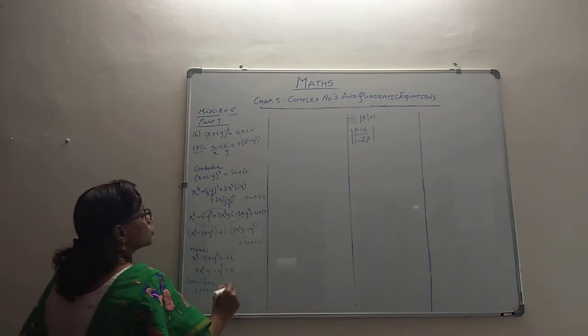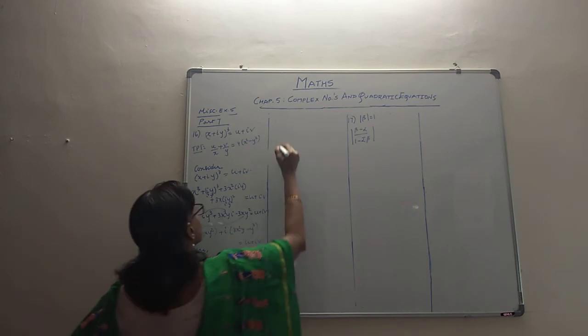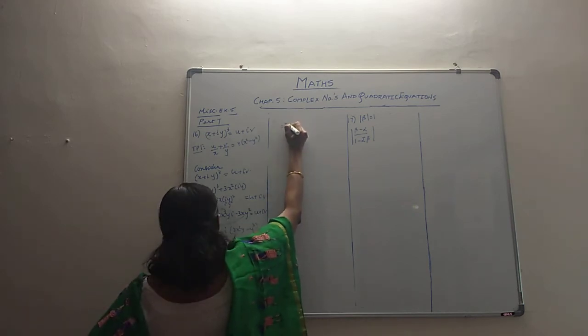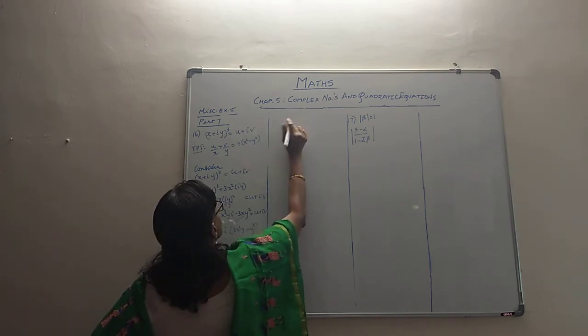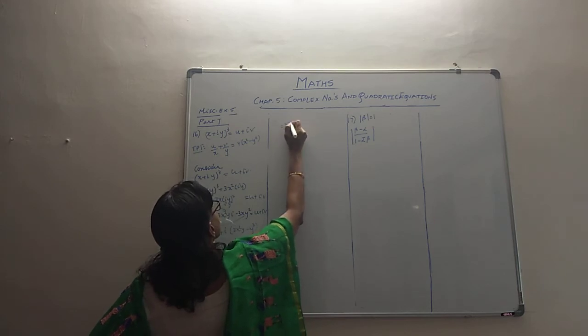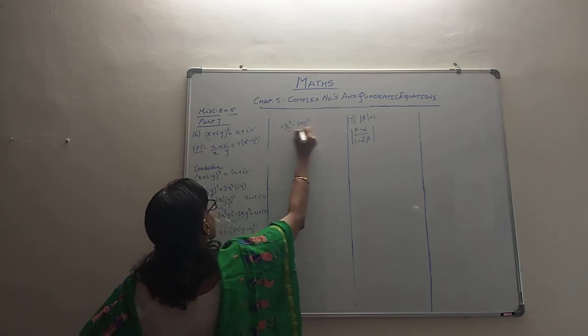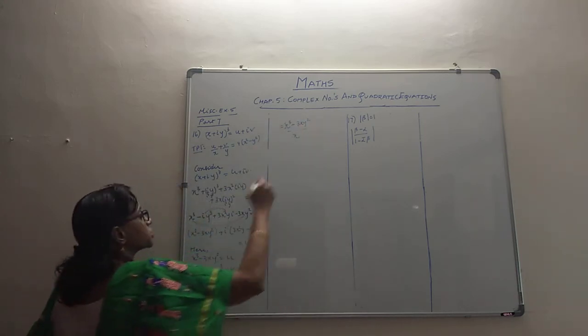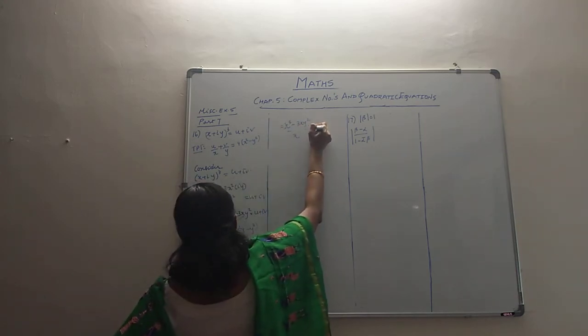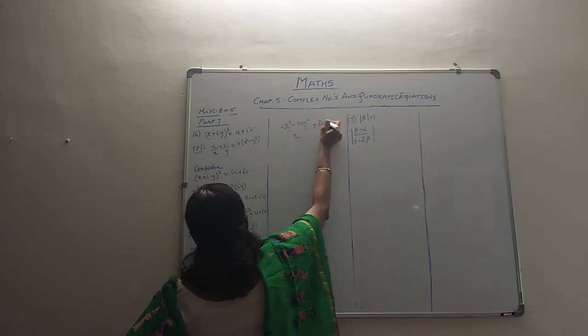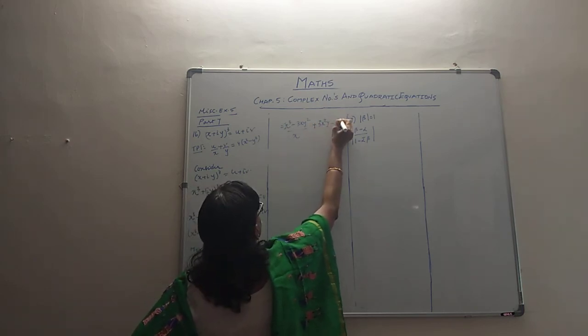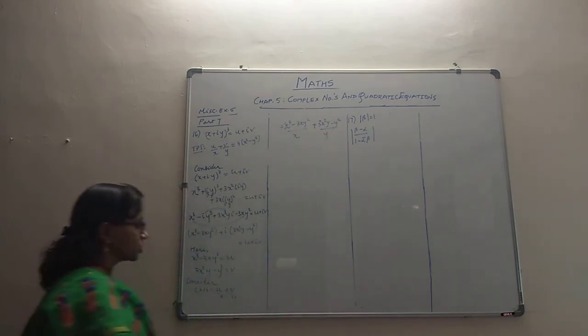Let's find out what is u by x. We know what is u. It's been given to us that u is (x cube minus 3xy squared) by x according to our expression, plus v is (3x squared y minus y cube) by y according to our expression.